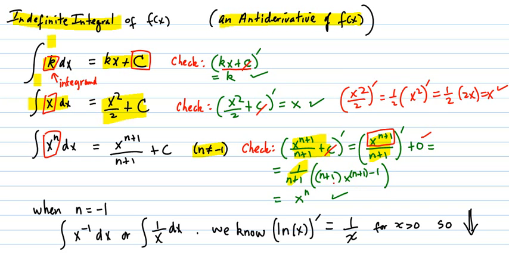And so the n plus 1 comes down in the front. Decrease the exponent by 1. And the n plus 1's cancel out. And x to the n plus 1 minus 1 is just x to the n. So it verifies out. So there's your procedure.